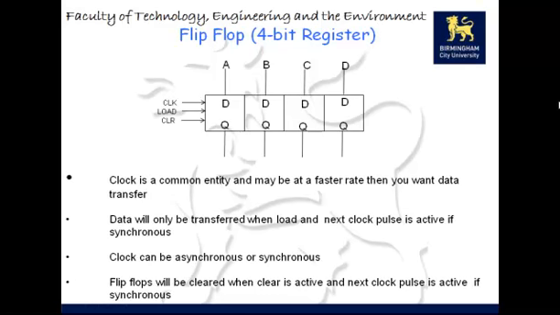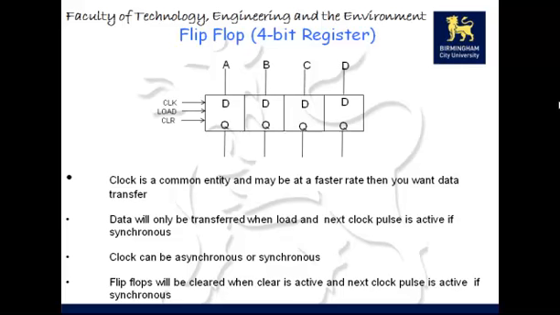Now you'll see that the flip-flops have a clock input, a load input and a clear input. What we're assuming is that the registers are part of a larger system. In a larger system you may have a clock running at a particular frequency, a particular clock rate. However, you may require the data storage in your registers to be at a different rate than the system clock.